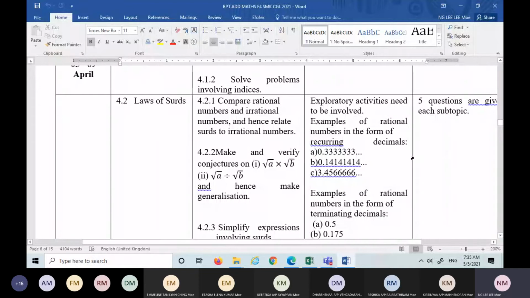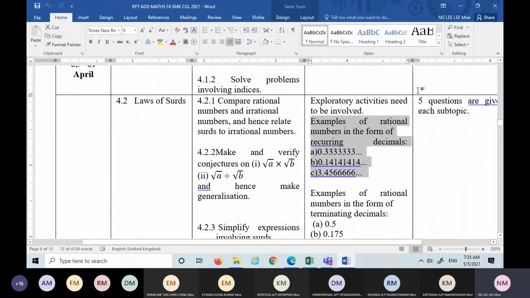Okay, maybe we revise a little bit. This is what we have learned yesterday. First of all, look at this, the example of a rational number in the form of a recurring decimal.